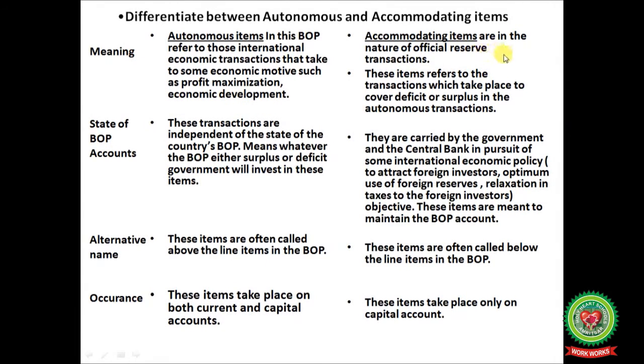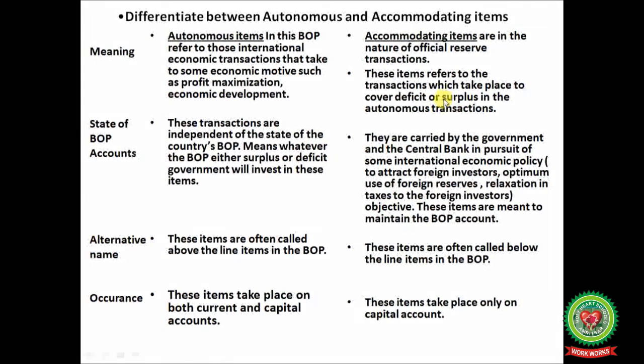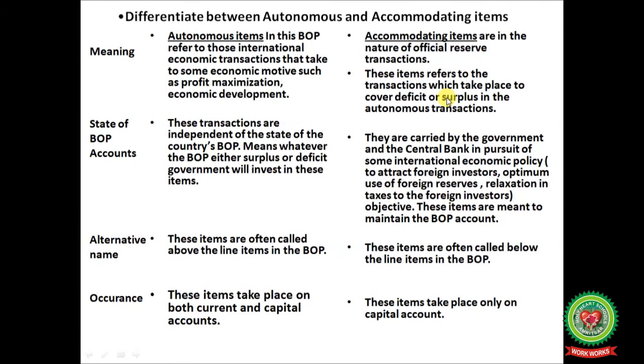Accommodating items are in the nature of official reserves transactions. These items refer to the transactions which take place to cover deficit or surplus in the autonomous transactions, such as borrowing from the IMF or World Bank or any other financial institution, or, in order to cover the deficit, use of own foreign reserves.